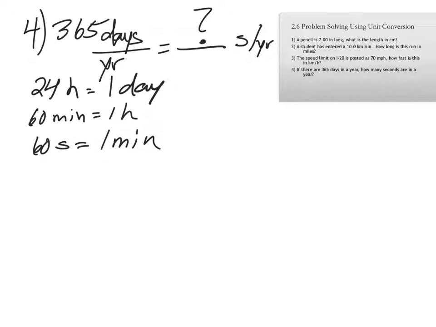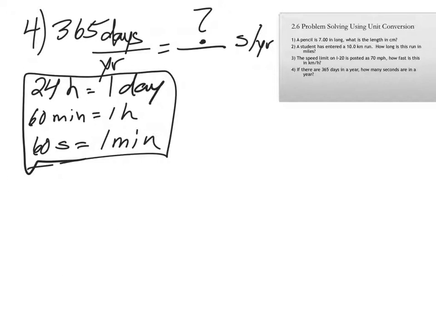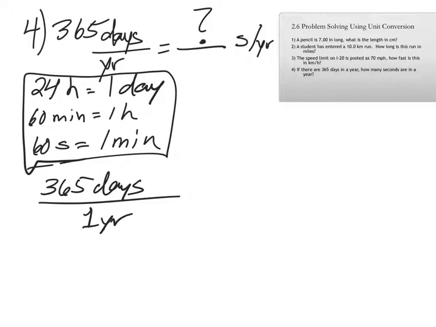So we've got our conversion factors. Now we need to just do the calculation. So 365 days per 1 year, multiplied by the first conversion factor, we want to go from days to hours. So there are 24 hours in each day.